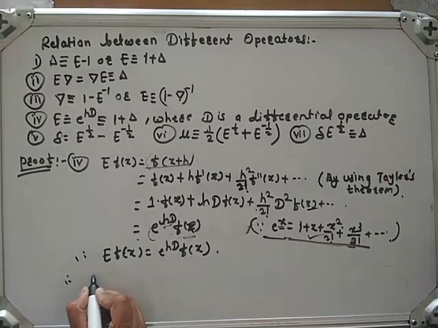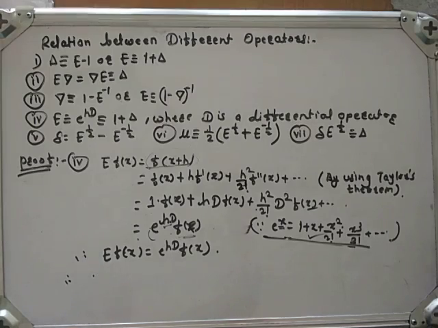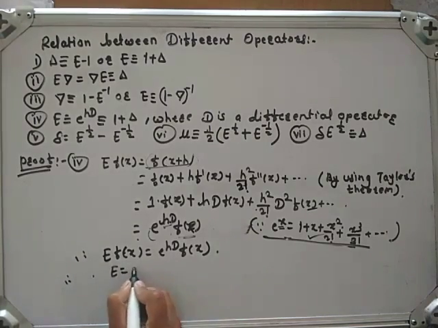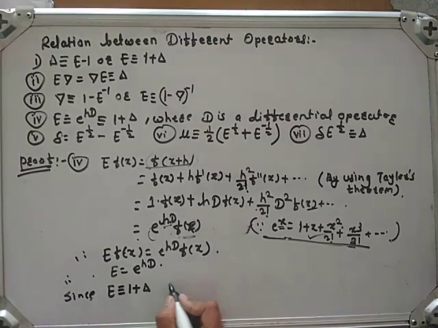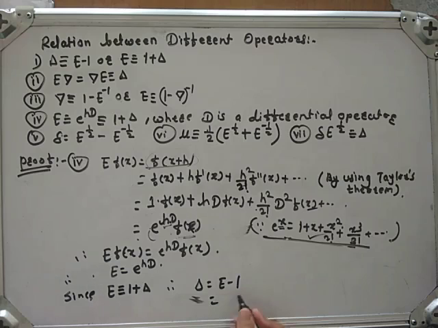Therefore E is equal to e raised to hD. Since in relation 1 we have proved that E is equivalent to 1 plus delta, therefore delta is equal to E minus 1, which is nothing but e raised to hD minus 1.